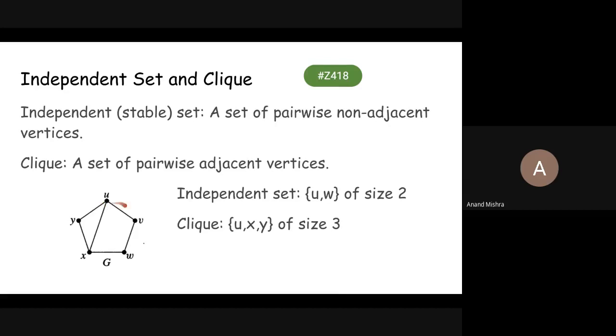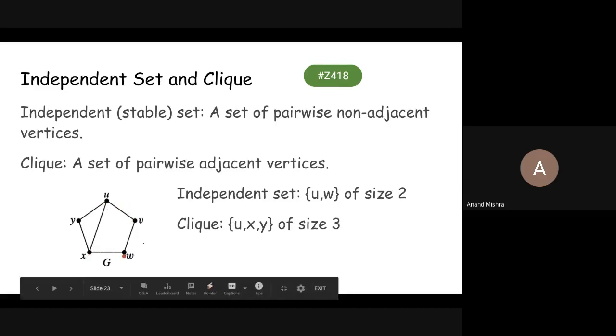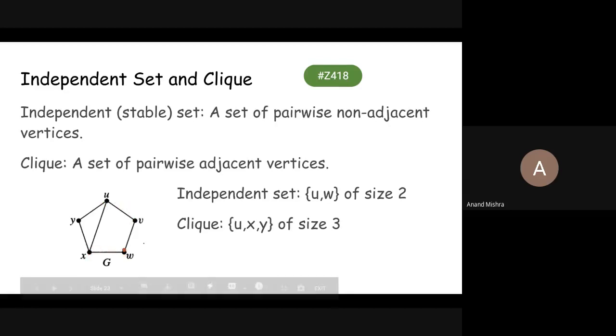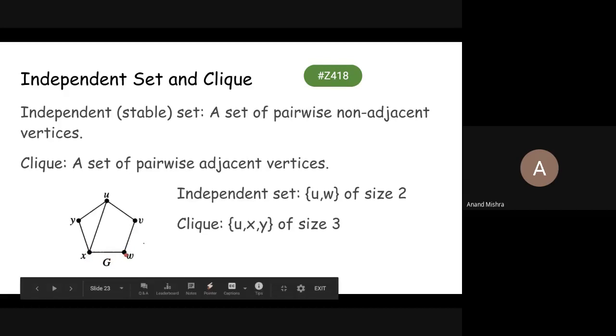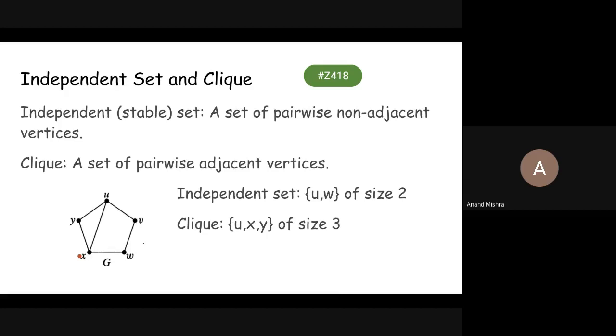UV is a clique of size 2. But XWP is not a clique, because they are not connected to each other. So you cannot find a clique of more than size 3 in this particular graph.